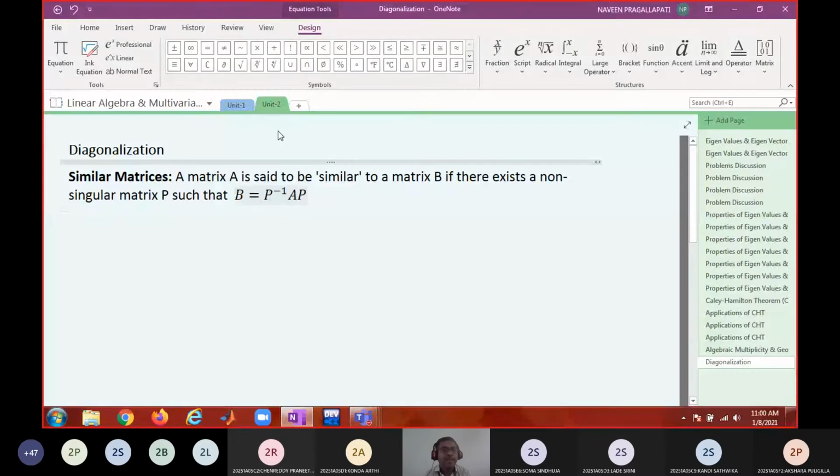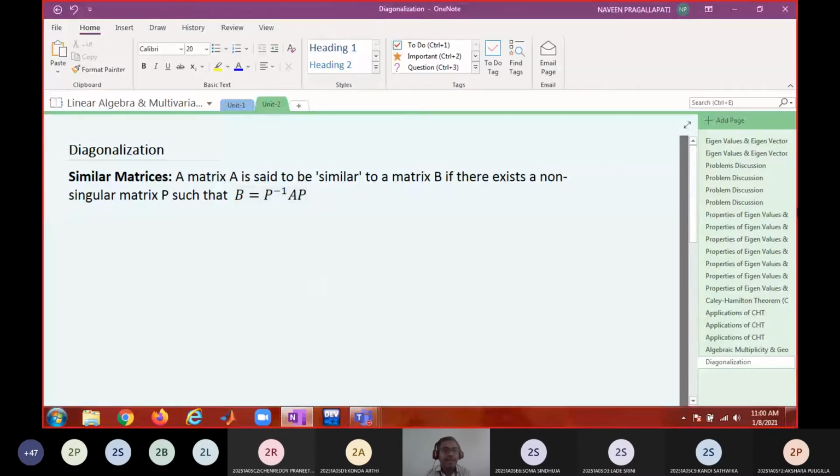Okay. B equal to P inverse AP. Whenever you find a non-singular matrix satisfying this condition, we say that the two matrices are similar. What is the notation we write?